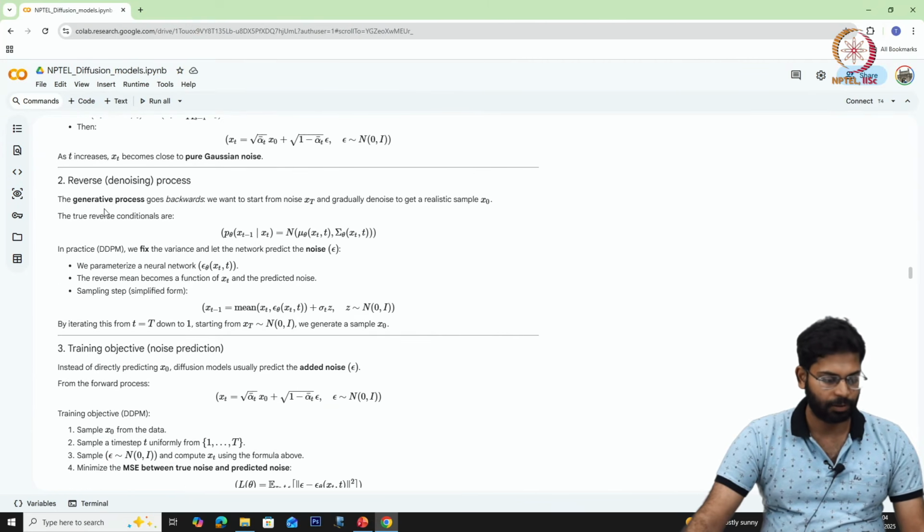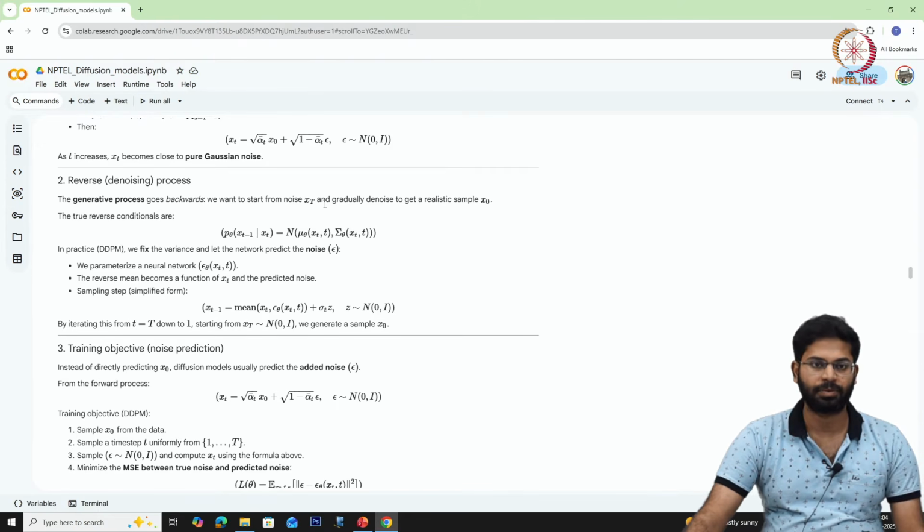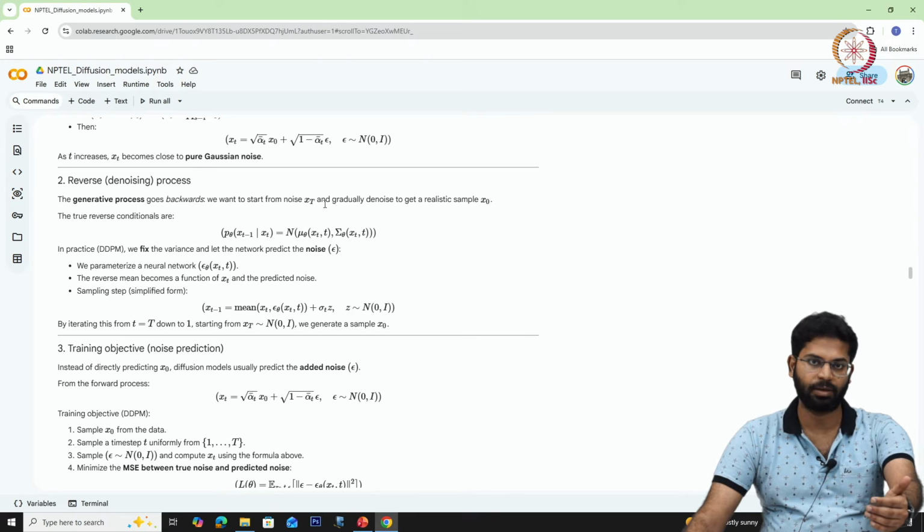After the forward process is done, the generative process goes backwards. So given a step xt, we want to predict the previous step xt minus 1. So the workflow is that in the forward process you start with the real data x and go to purely Gaussian noise. In the reverse process you start with the noise and come to the real data.